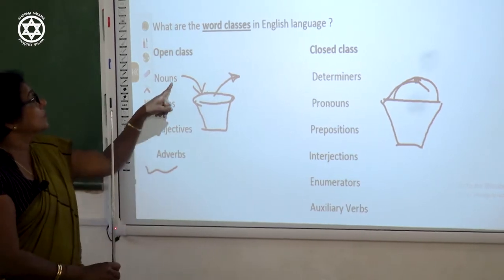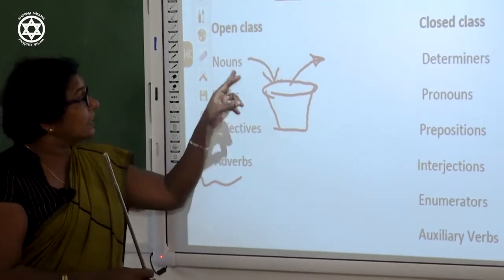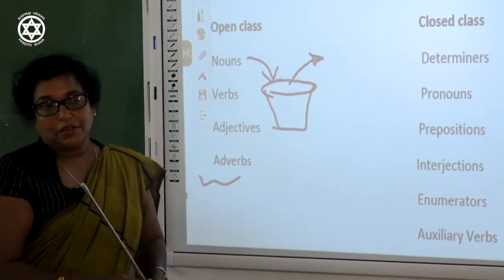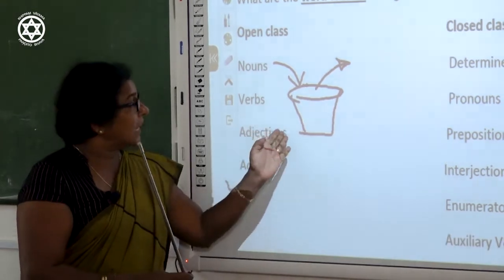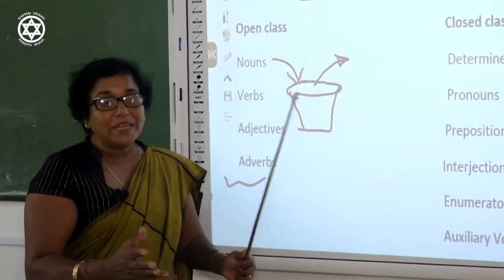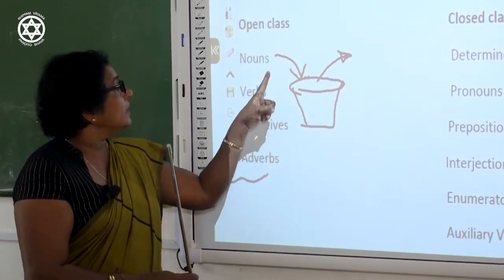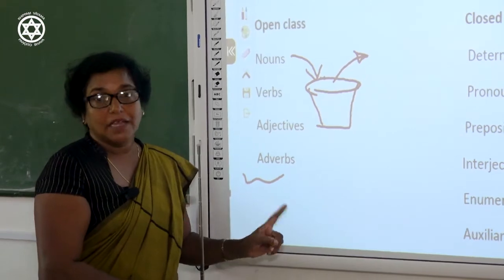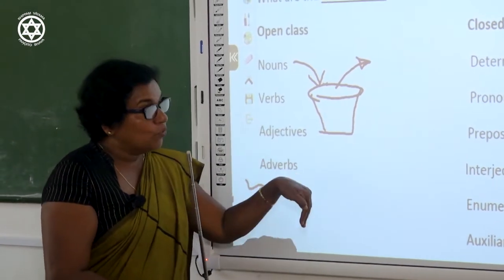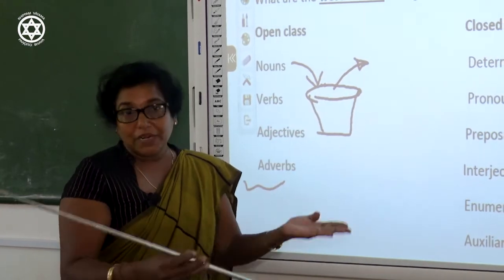So, here nouns: there are thousands of nouns in the English language, so we can coin new words. We can put new words into the existing word list, and we can omit words from the existing list as well. So, nouns, verbs, adjectives and adverbs belong to the open class because we can put new words into the list and also take out the prevailing words.